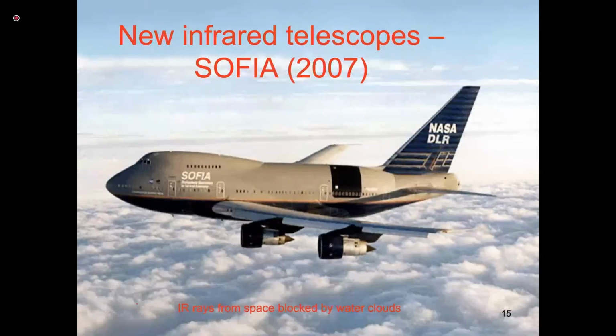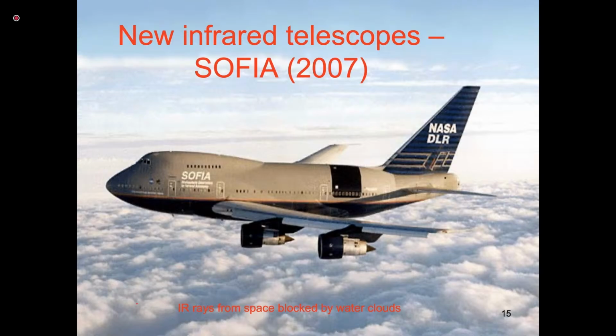Now let's go to the infrared. Some of the infrared radiation can't make it to the ground. The basic problem is what's shown here, clouds. Clouds are full of little droplets of water, and infrared rays get blocked by that. So the simplest experiment you can do without putting something into space is just to use an airplane and put a telescope in it; here is shown the door in the middle where the telescope would come out.